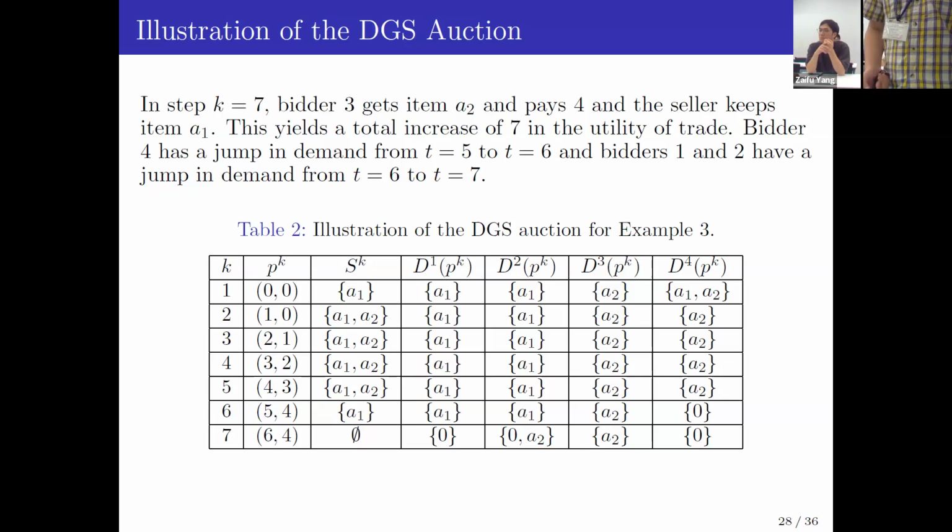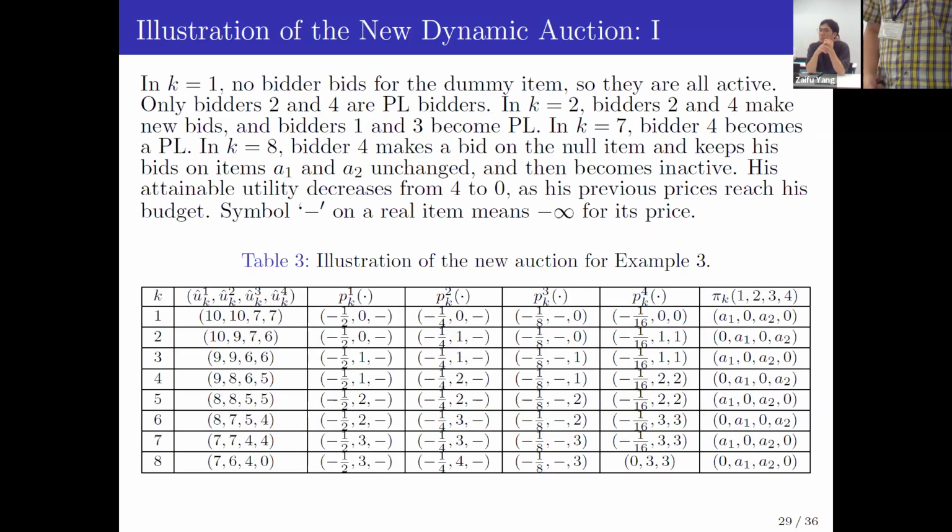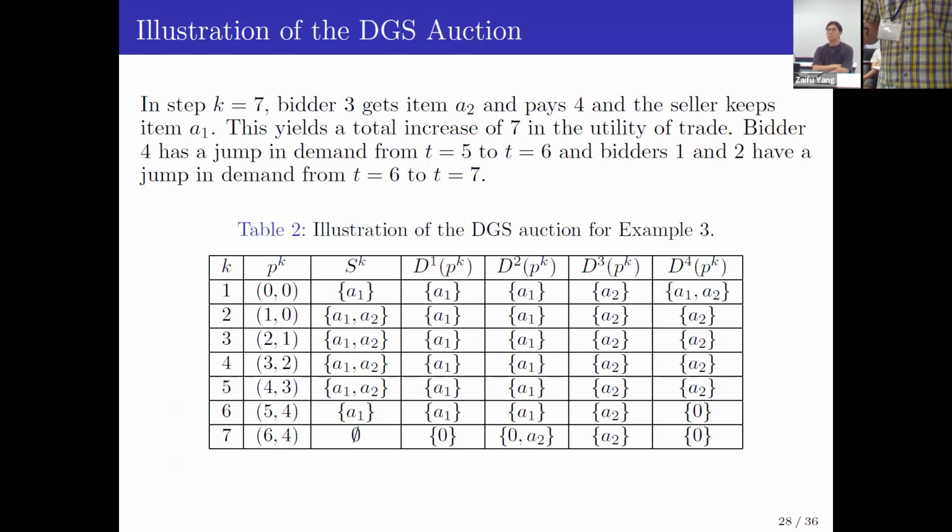Okay, now let's look at what happened for the new auction. The purpose of this example using DGS is to show that when bidders are budget constrained, there's a discontinuity in demand if we use the typical DGS auction or the Ausubel auction.